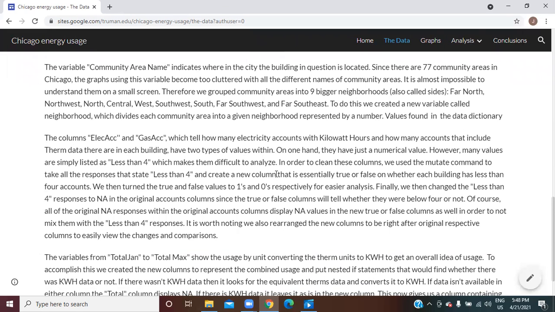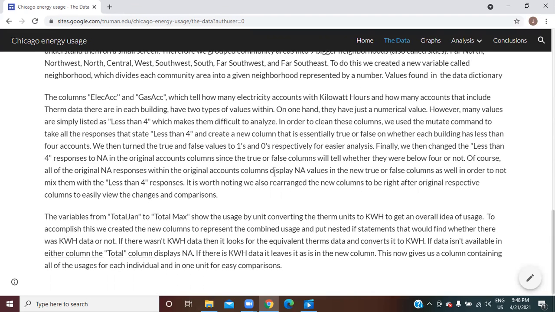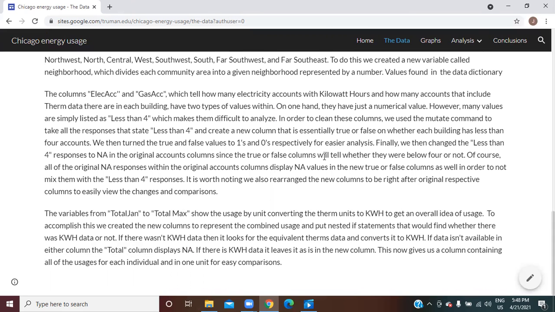And then we created a new variable called neighborhood, divided each community area into its given neighborhood, and then gave that a number. That number correlated to a categorical value in the data dictionary that would describe the geographic region in which the neighborhood was located.